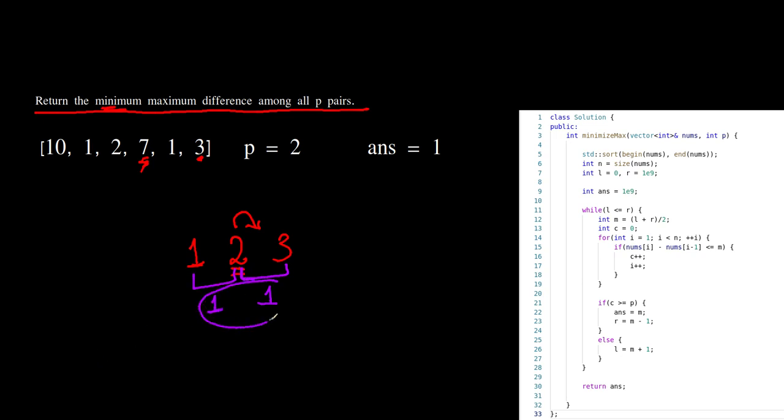Now these two values are the minimum possible difference if we want to include the number 2, and this is correct because if you try to take any other value, let's take 10 minus 2 equals 8, it is greater than these two values.